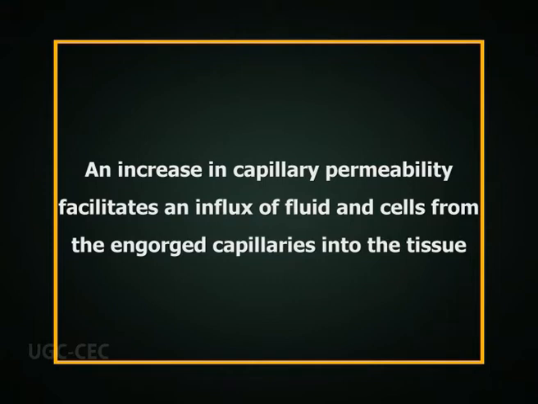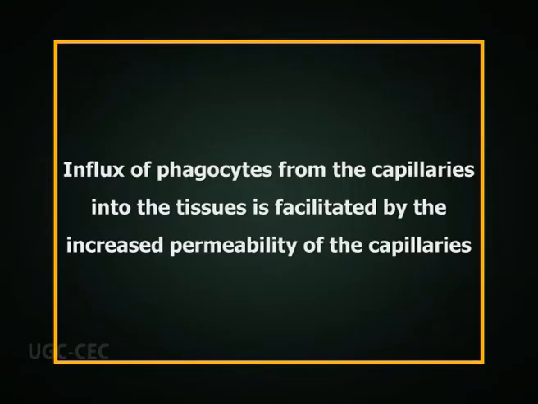Another, an increase in the capillary permeability facilitates an influx of fluid and cells from the engorged capillaries into the tissue. The fluid that accumulates has much higher protein content, and its accumulation contributes to the tissue swelling. Another is influx of phagocytes from the capillaries into the tissues, facilitated by the increased permeability of the capillaries.